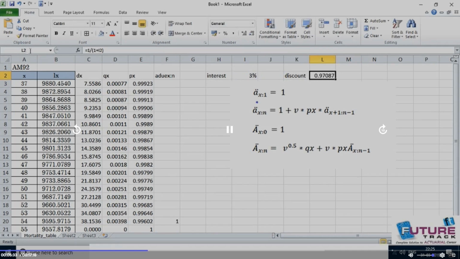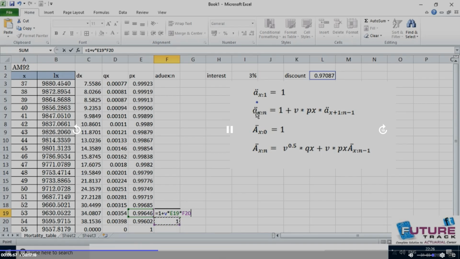So we have this name as V. This is my discounting factor. And similarly, we can make it just 1 plus V into PX. Press the left click of the mouse. So this is basically A due X2. What is A due 53.2?